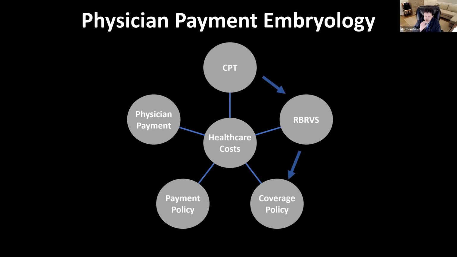Now, CMS has said this is what we're willing to pay for professional expense, and this is what we're willing to pay for practice expense in the office-based setting. And we'll get into why that may or may not actually get covered by Medicare contractors and private payers in a minute. Beyond coverage, there are even additional payment policies that can affect our codes, and we'll touch on that. And only after you get through all of this do we actually get paid for the services that we provide. So you see all the different places where there are landmines for devaluation of our services.